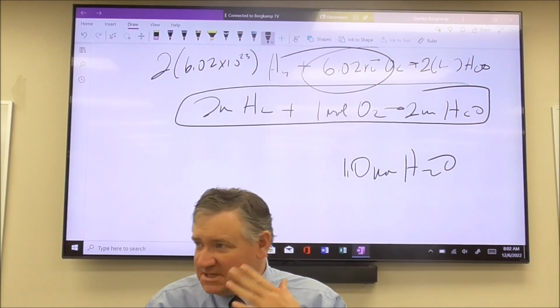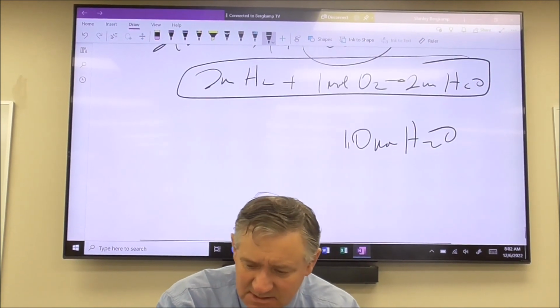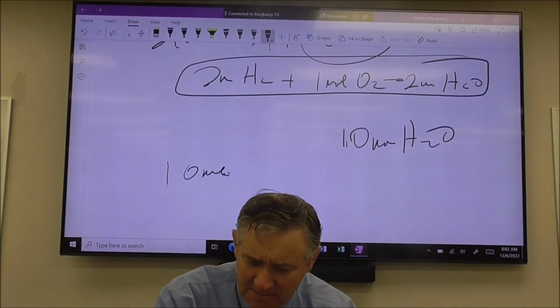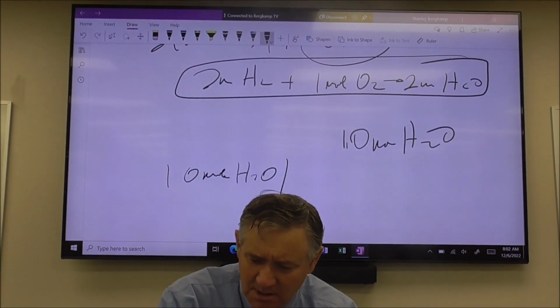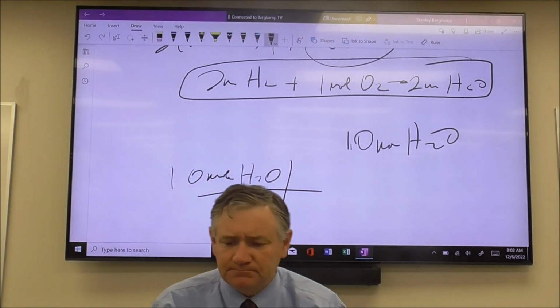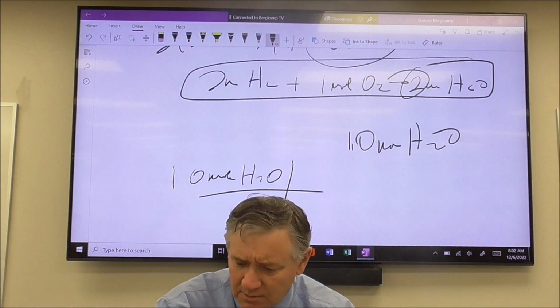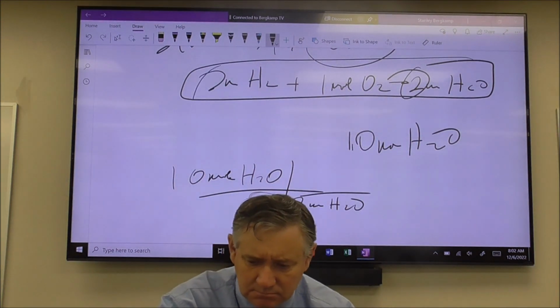So this is how stoichiometry works. Keaton sits here, he goes, right, Mr. Burkamp, I can play your game. I see how this is going to go. I want to make 10 moles of water. Cool. So you come up here, and you look in front of the water. Oh, there's 2 moles of water. Guess what?